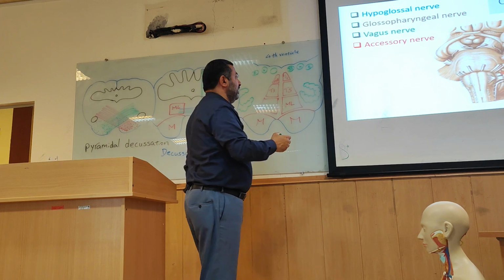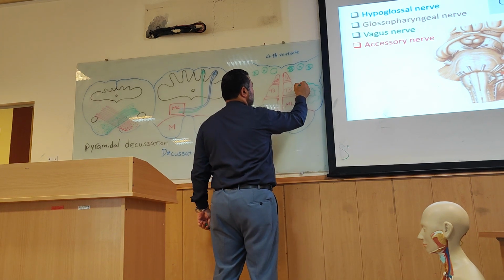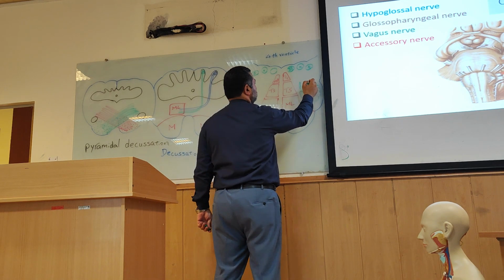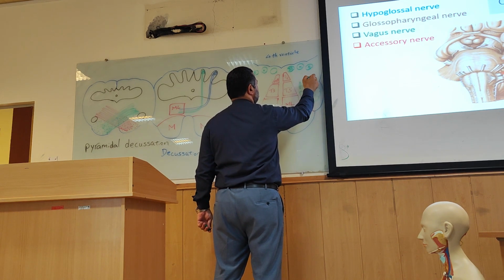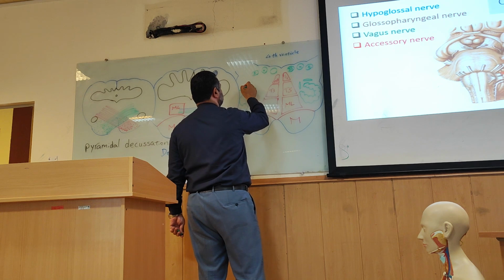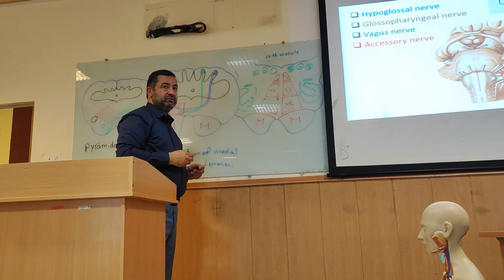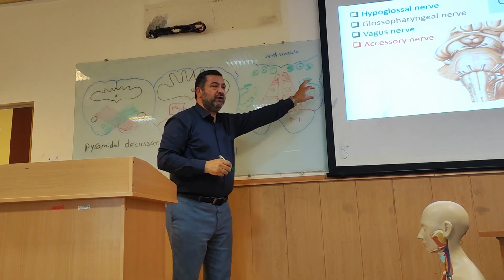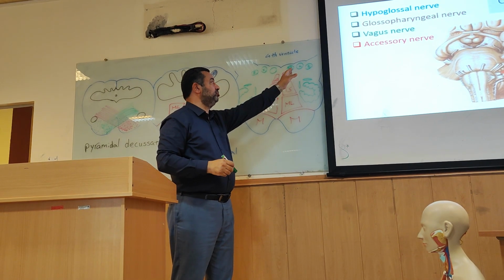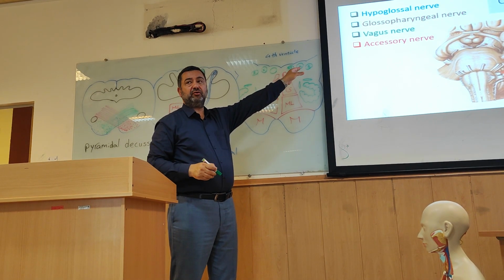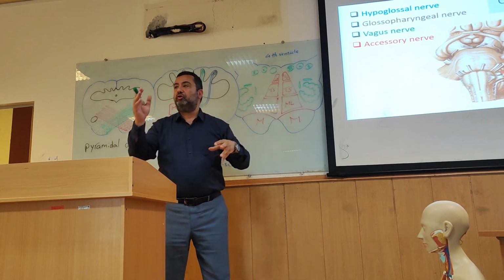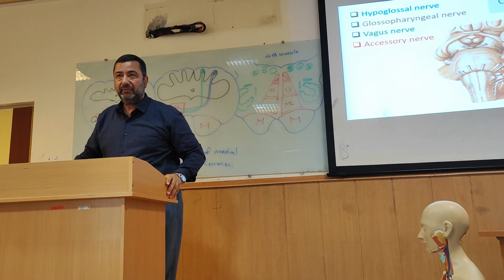On the medial side of the inferior olivary nucleus, there is medial accessory olivary nucleus. And posterior to inferior olivary nucleus, there is dorsal accessory olivary nucleus. Together, these completely make the inferior olivary complex.